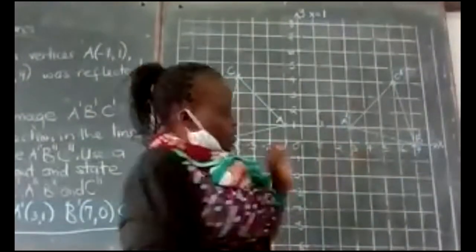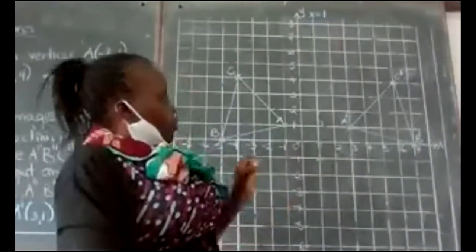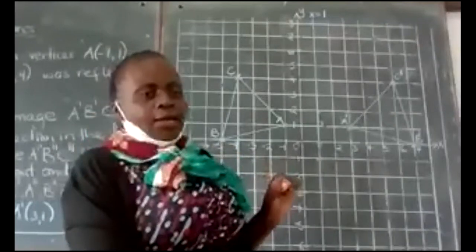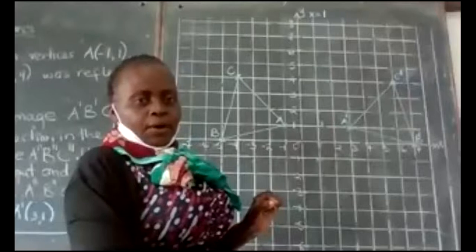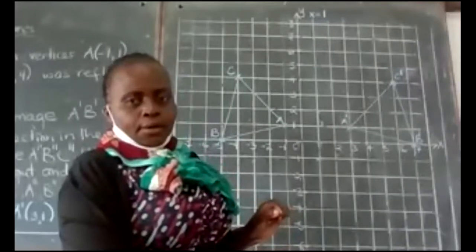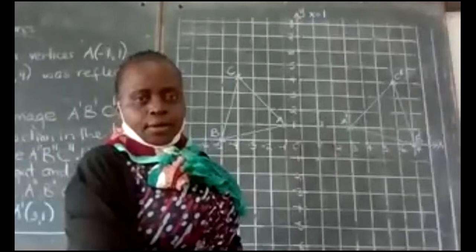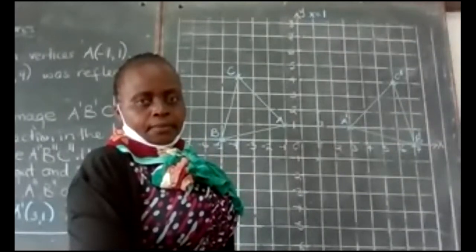So in this case, we must identify our mirror line. So which one is the line y is equal to 0? Can someone identify the line y equals to 0? Someone put up your hand, okay. Kamaholo Carissa, unmute and submit. The line y is equal to 0 is just the x-axis.